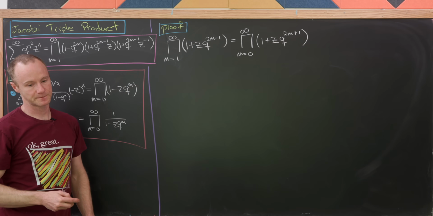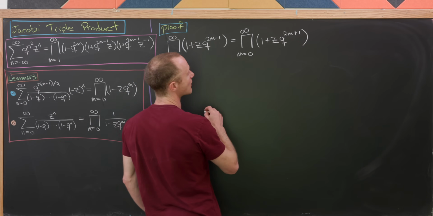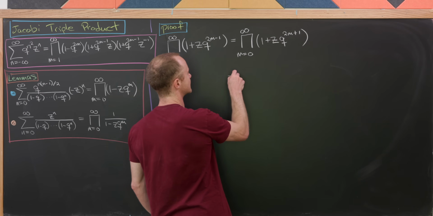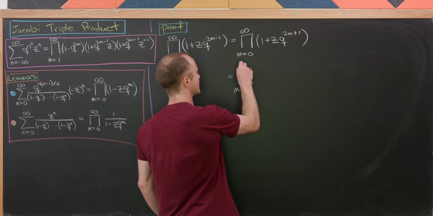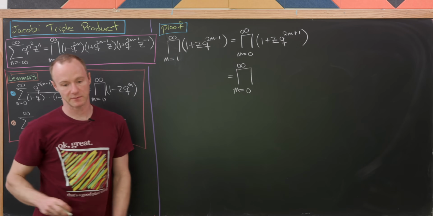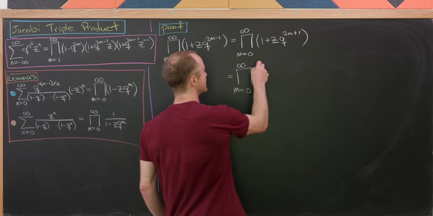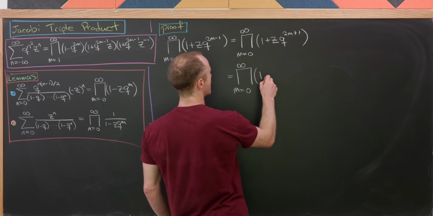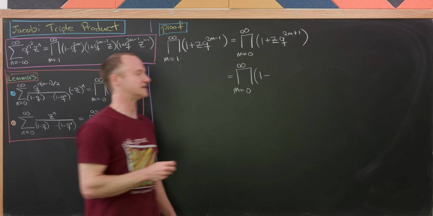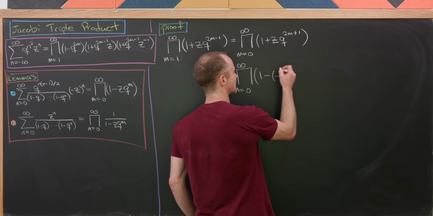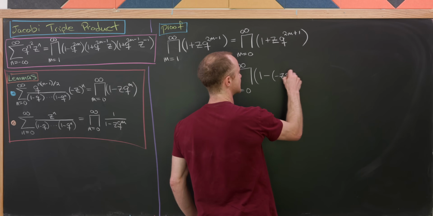Okay, great. And now let's rewrite this product in a way so that it's obvious that we can use one of our lemmas. So here we've got this product as m goes from 0 to infinity. And then we'll have 1 minus, so something crazy is going to play the role of z. We're going to have minus z times q.